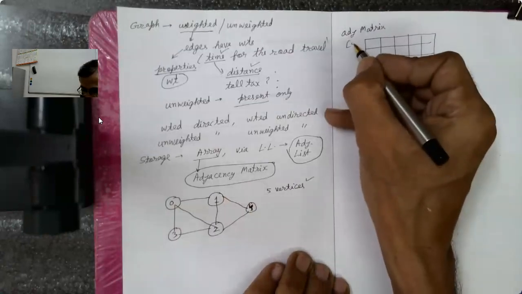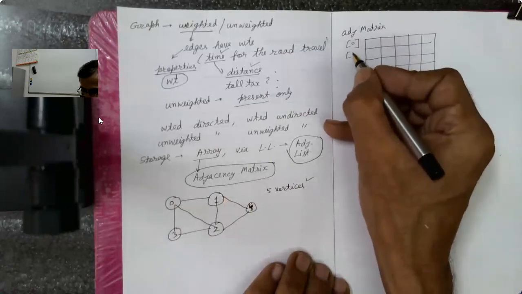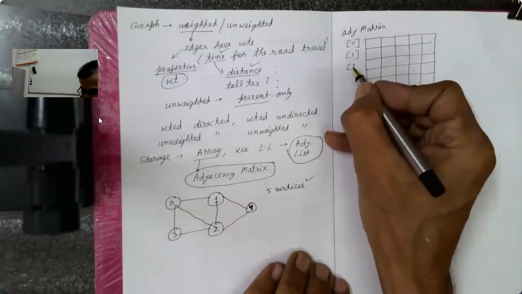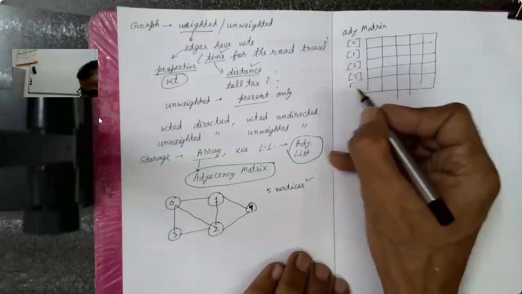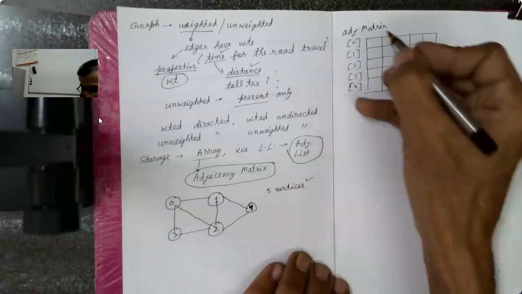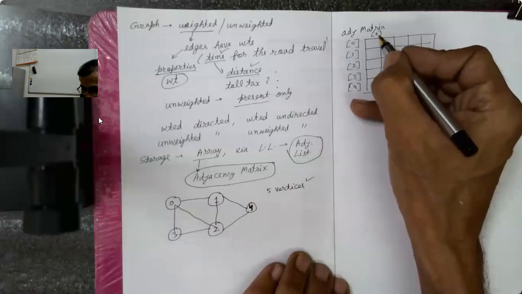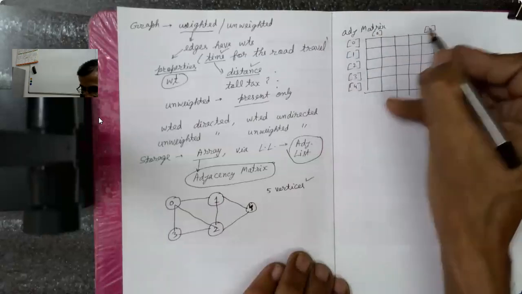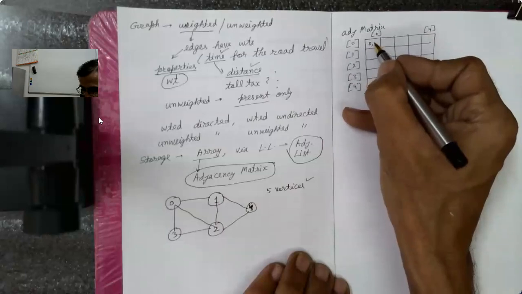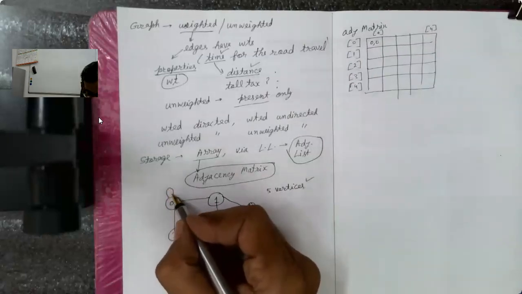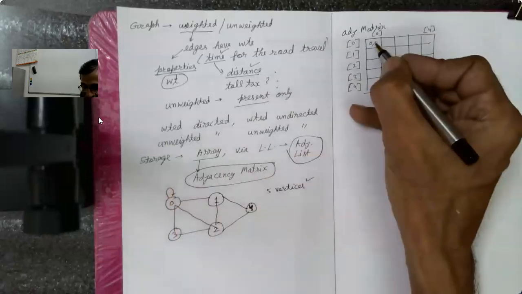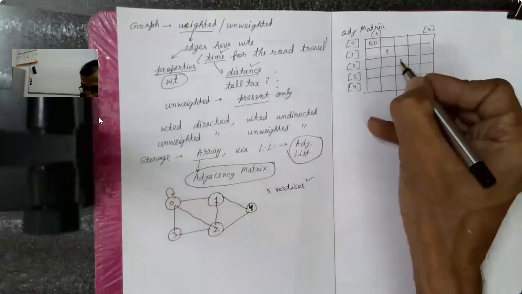So this is row number 0, row number 1, row number 2, row number 3, row number 4, and columns likewise, from column number 0 to column number 4. So this entry shows 0, 0. If I have some connectivity like a self-loop, then I will have corresponding values on the diagonals.